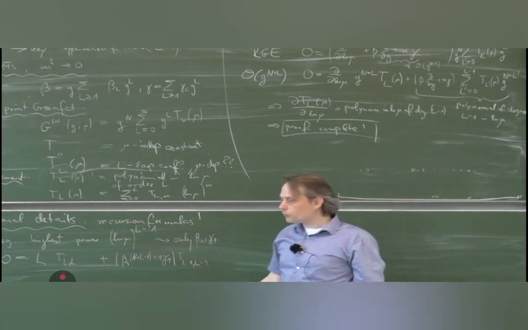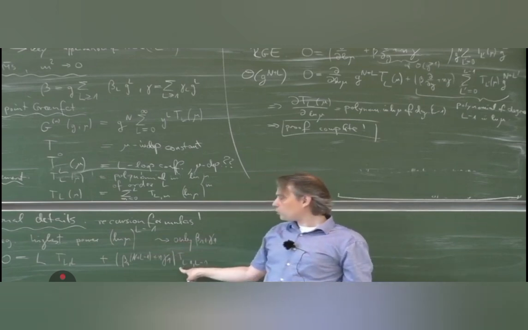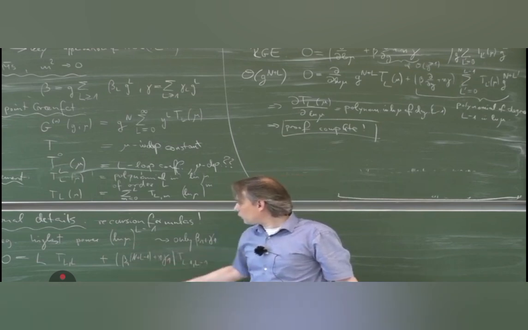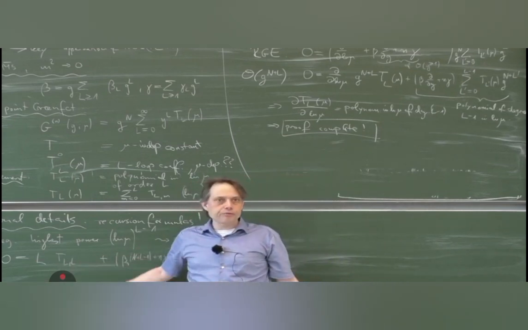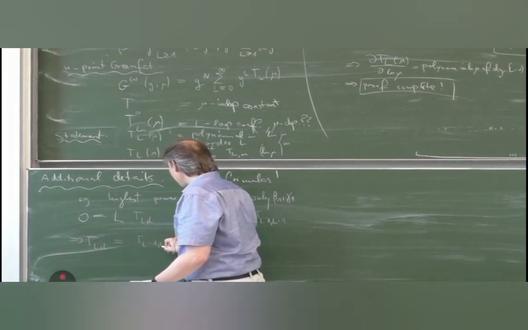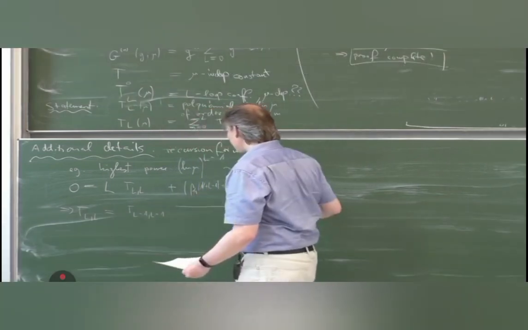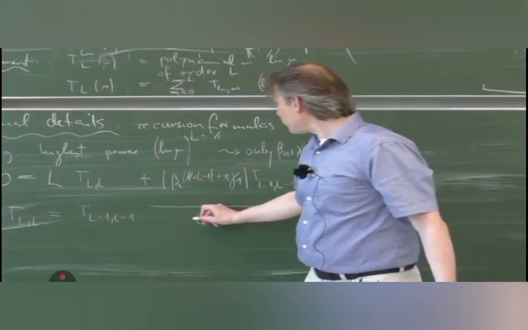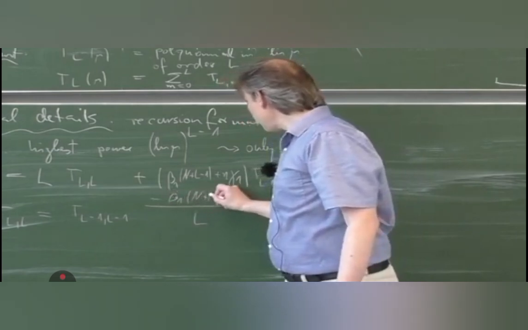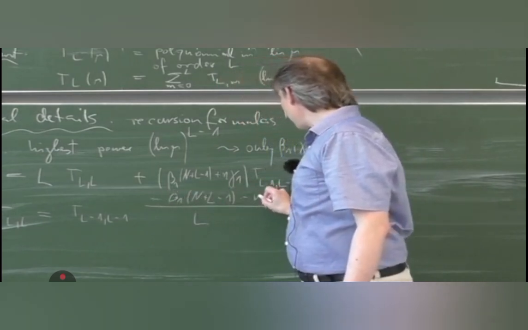This is exactly a recursion formula. If you know the lower order coefficient of the highest log power, from this equation you get the next one. The coefficient L is given by the coefficient L minus 1 times the following fraction divided by L, and then this one-loop beta and gamma term.